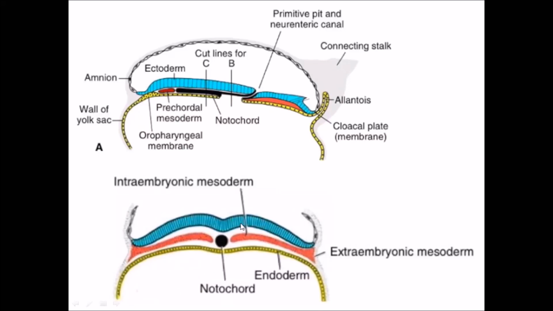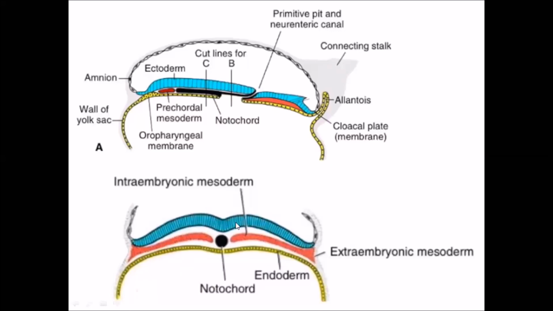Here you can again see this is the notochord, this is the ectoderm, this is the mesoderm, and this is the endoderm. There are certain growth factors secreted by the notochord which will induce the formation of the neural plate through the ectoderm.